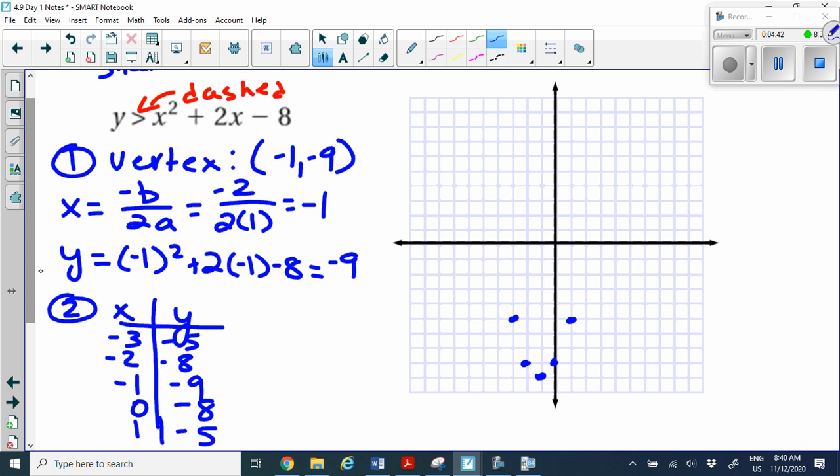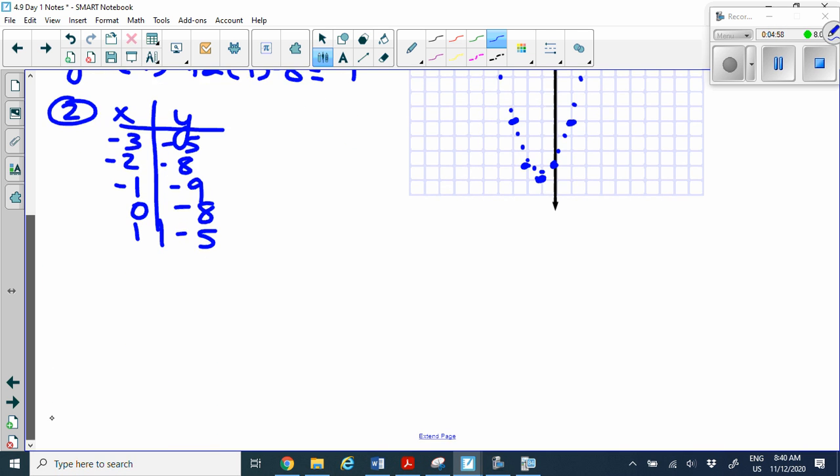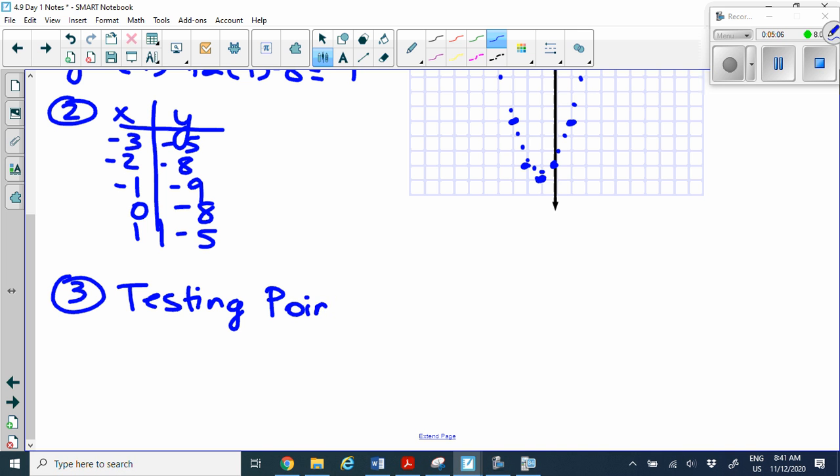When you are graphing these, make sure that your arrows go off the graph. The reason is because we're going to shade, so it makes it easier to know where you need to shade when your arrows go off the graph. Our last thing that we need to do is create a test point. With a testing point, we will decide if we're going to shade inside or outside the parabola.